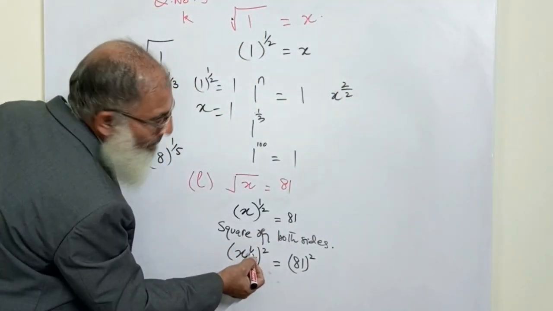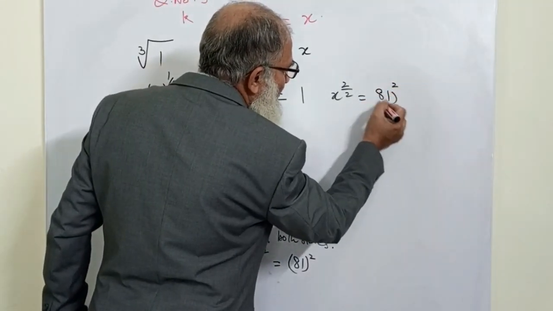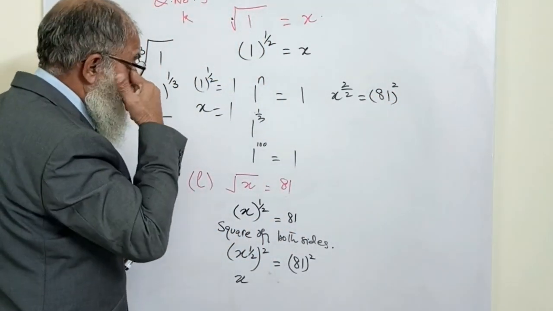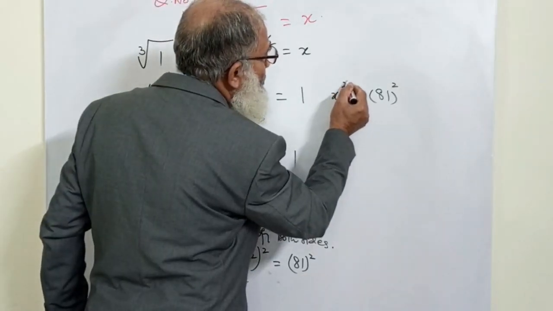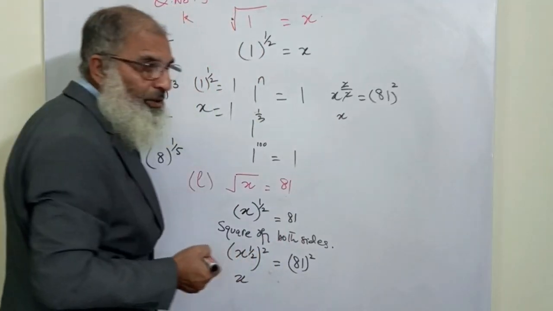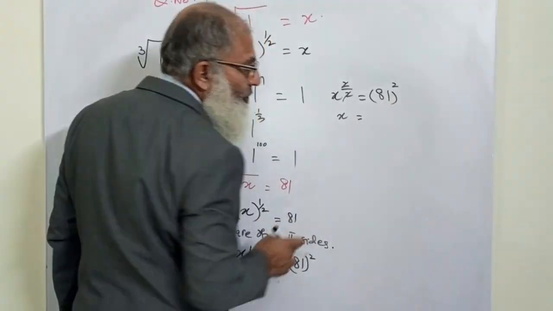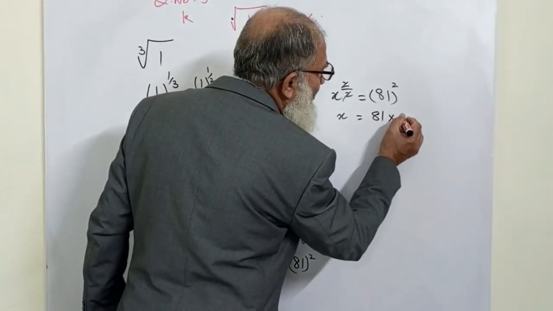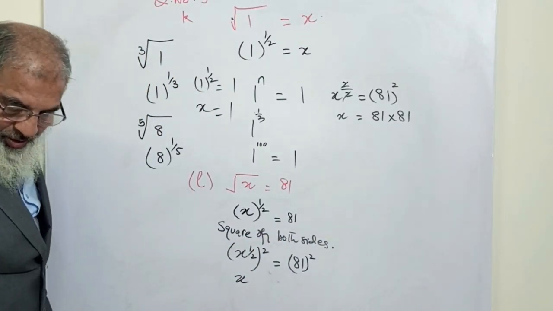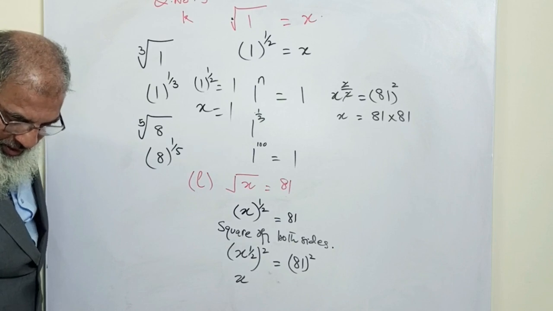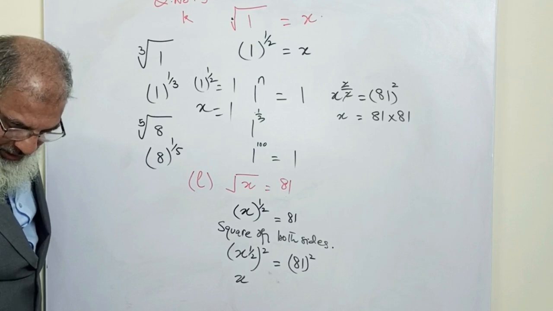If I multiply, this is equal to the square of 81. Now you see this 2 goes off with this. Now here we are left with only x, and we have to find 81 times 81. So what comes out here is 81 times 81.